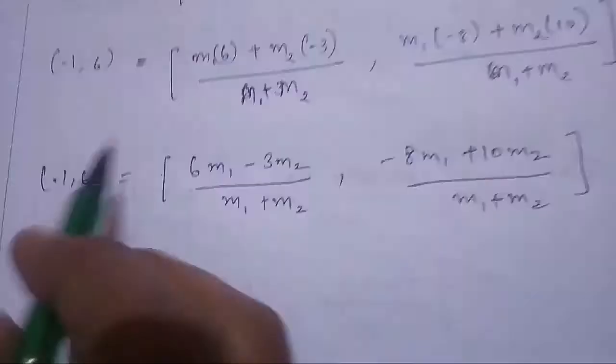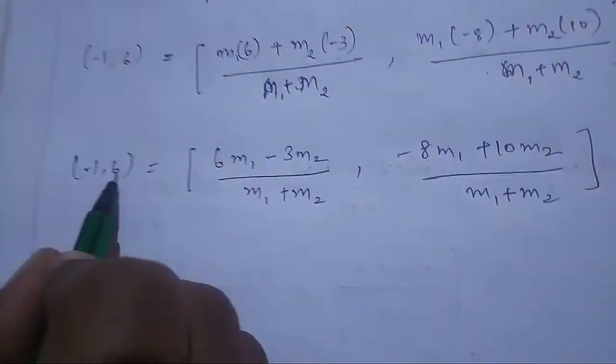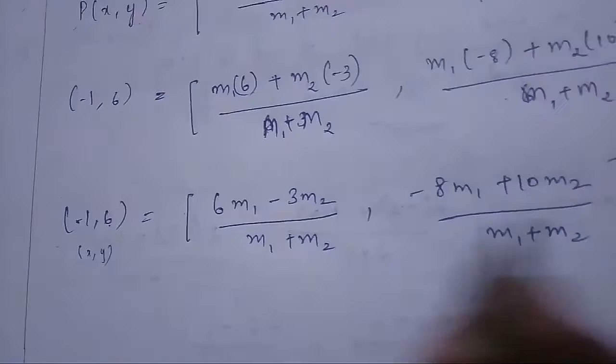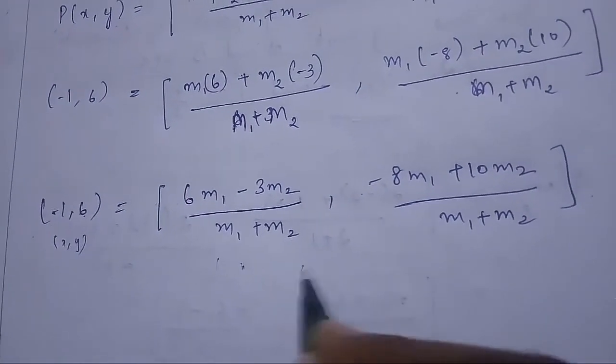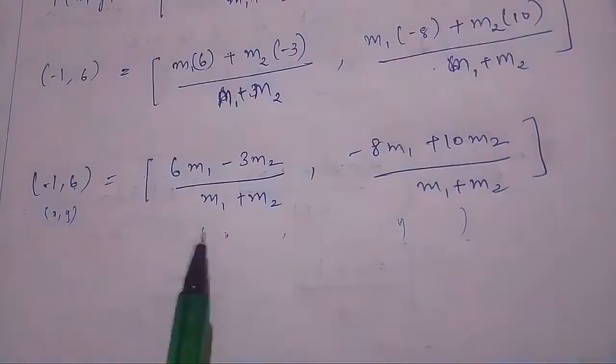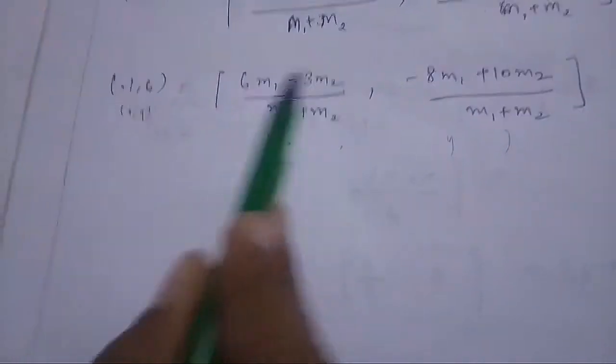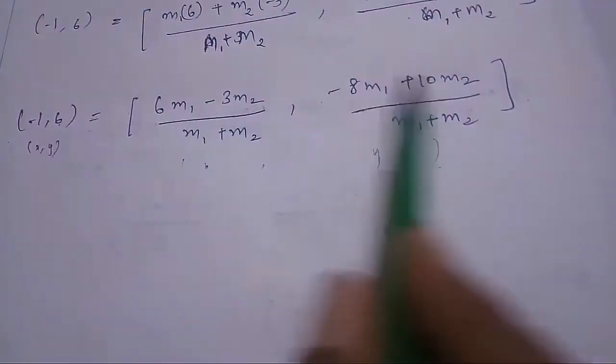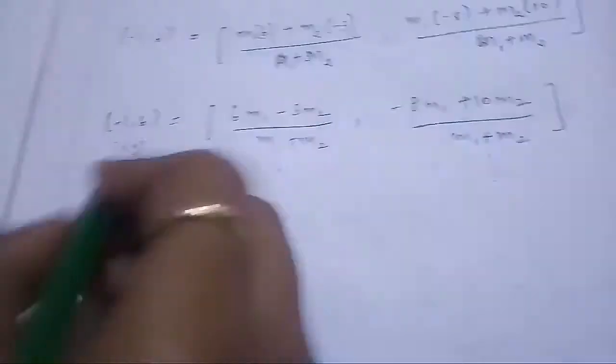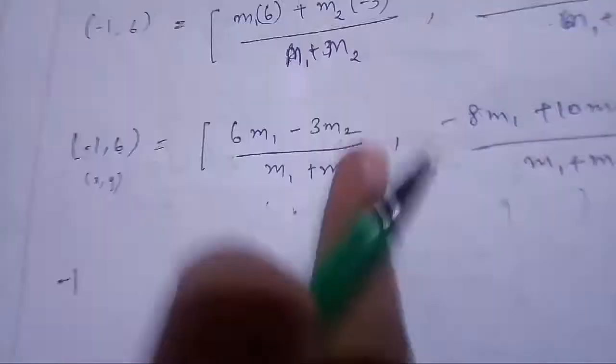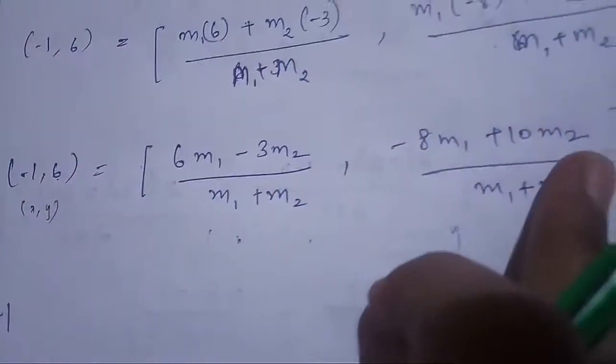Now they gave (-1, 6). What do you mean by this? This means x, y. This is also in the form of x, y. For this we need to equate x point to x point and y point to y point. That means -1 is equal to this and 6 is equal to this one.